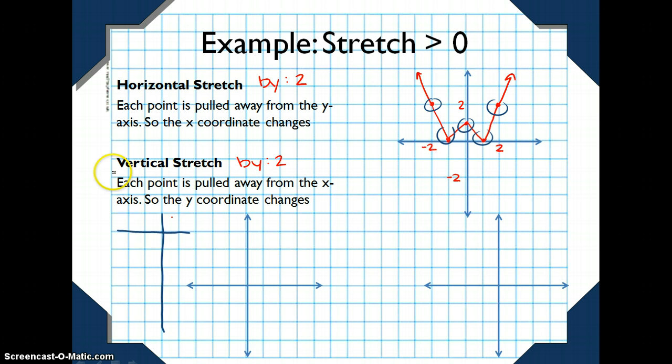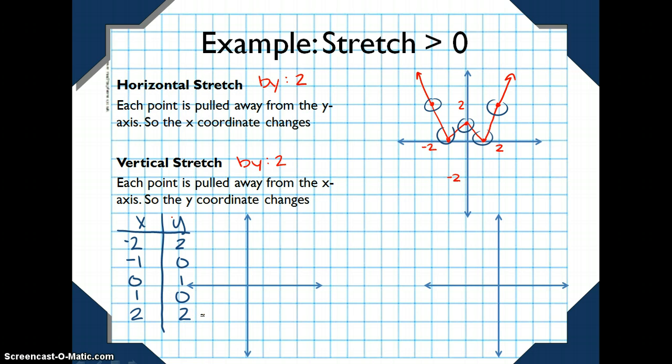Put in the 5 that we have, so this is x and y. The first point is negative 2, 2. Then negative 1, 0, 0, 1, 1, 0, and positive 2, 2.